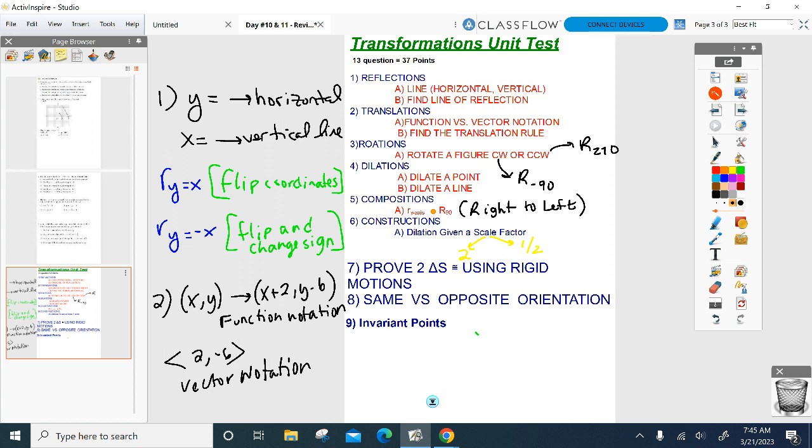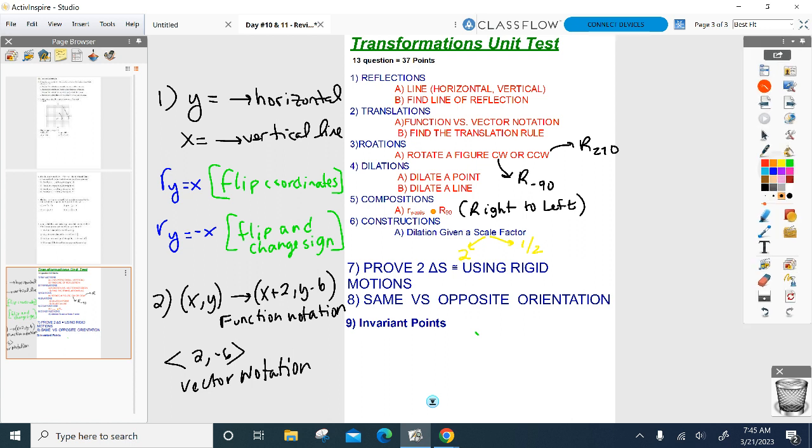I will ask you to prove 2 triangles congruent using rigid motion. So let's go over the wording I'm looking for full credit tomorrow. So let's say, I'll just start making this up. Reflection. So here you go. Let me start right from scratch here.